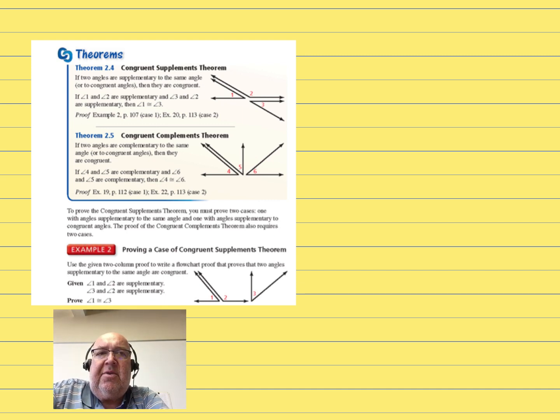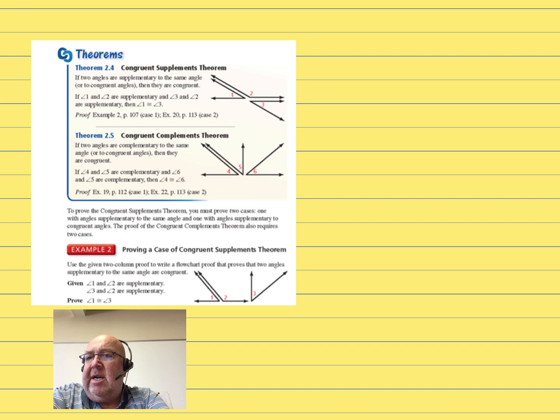And the congruent complements theorem, remember complements add up to 90 degrees, so if angles 4 and 5 are complementary and angles 6 and 5 are complementary, then angles 4 and 6 are congruent.